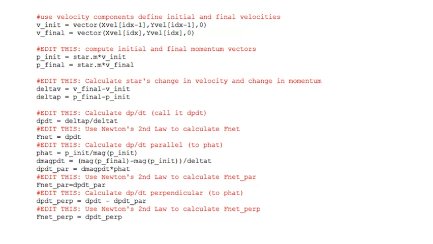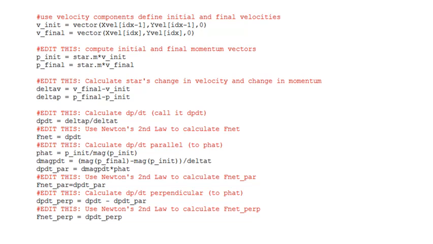We also know that because the only force acting on the star is the black hole, Fnet parallel equals dp over dt parallel, and Fnet perpendicular equals dp over dt perpendicular. We know that dp over dt parallel is going to be the magnitude of dp over dt parallel times p hat. Therefore, since dp over dt equals dp over dt perpendicular plus dp over dt parallel, if we rearrange the equation, dp over dt perpendicular equals dp over dt minus dp over dt parallel.